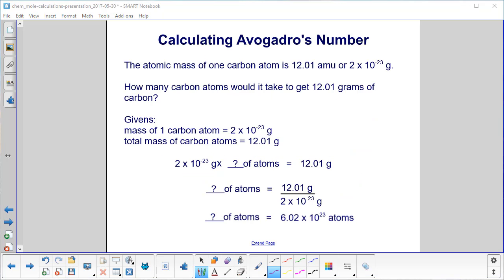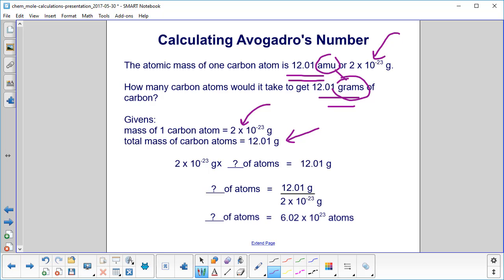The atomic mass of one carbon atom is 12.01 atomic mass units. Notice how it's not exactly 12, or 2 × 10⁻²³ grams. How many carbon atoms would it take to get 12.01 grams of carbon? And just notice the relationship we're setting up here. The same amount of AMU as grams, or at least the same numerical value. So here's our mass of one carbon atom. Here's the total mass we want.